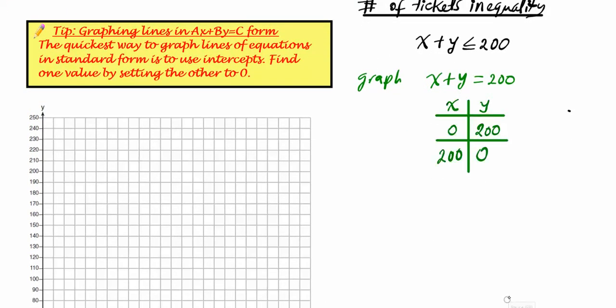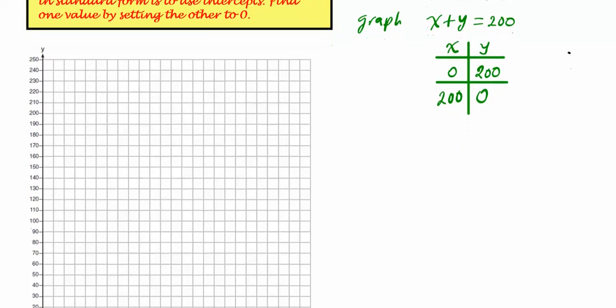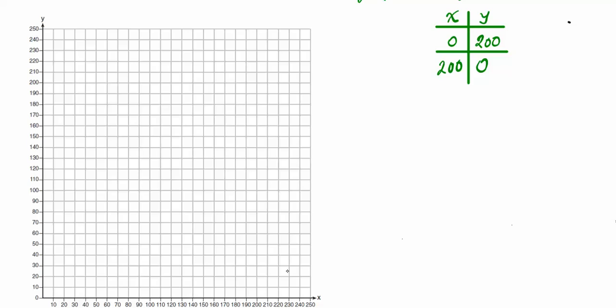All right, I'm going to color code the number of tickets inequality so that we can make our graph look pretty. So let's graph the intercepts. The two intercepts are 0, 200 and 200, 0. So we simply graph 0, 200 here, and then 200, 0 right here.